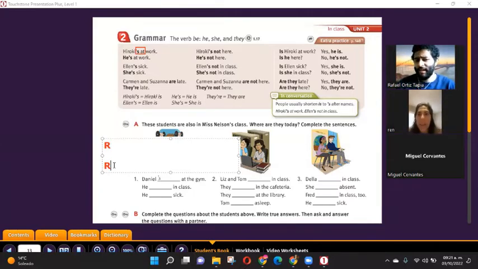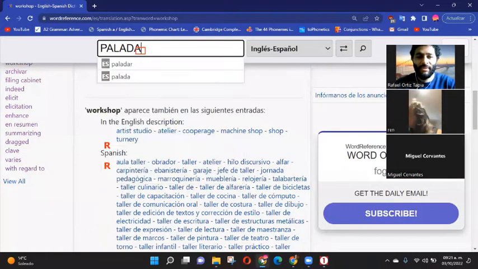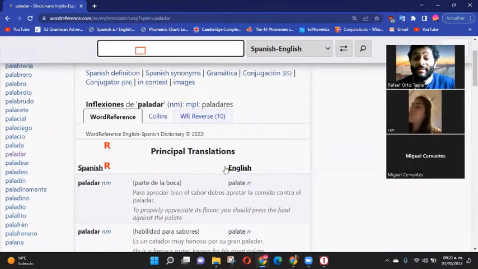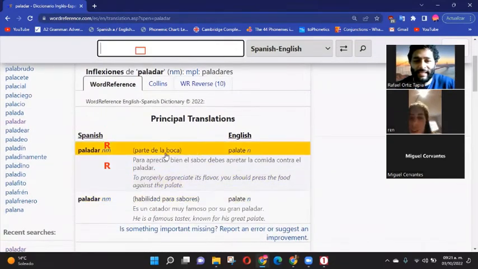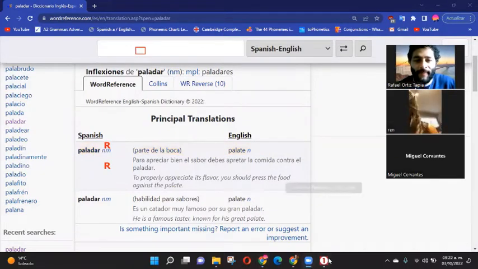I think it's palate, but let me check. That's why we have dictionaries. So it's palate. I wasn't wrong. Palate.